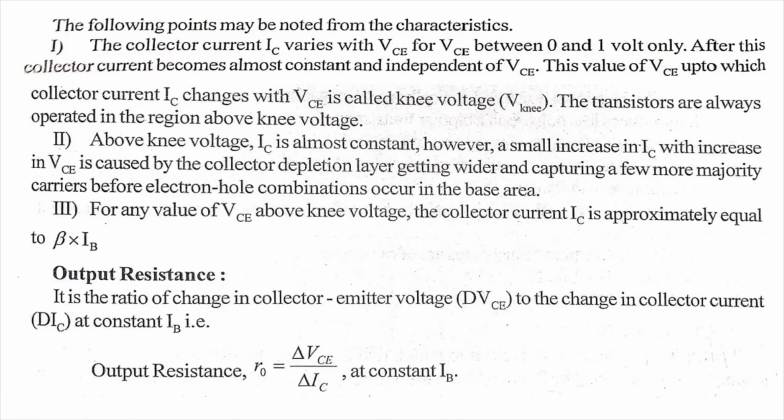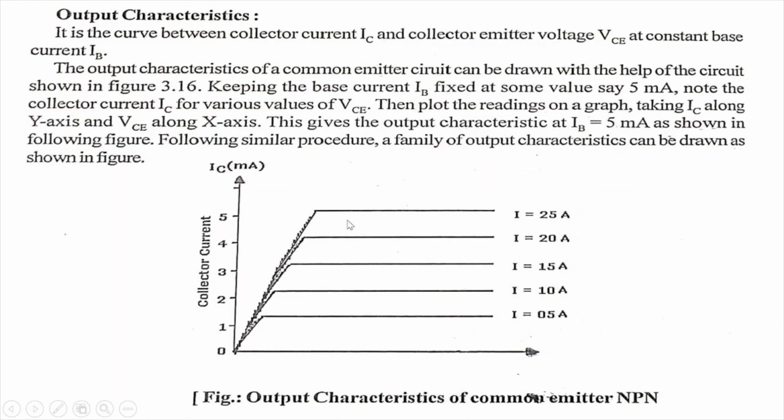The following points may be noted from the characteristic. First, the collector current IC varies with VCE for VCE between 0 and 1 volt only. After this, collector current becomes almost constant and independent of VCE as shown in figure.